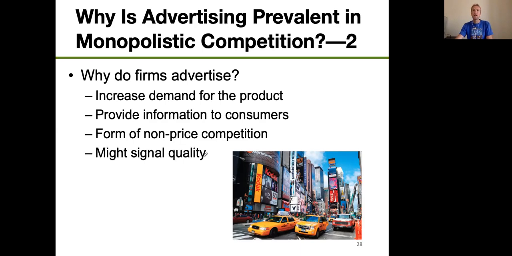Another reason that people advertise is it might signal quality. If I am producing a legitimate product, I will gain enough profits to go ahead and advertise on television, for example, because we all know that that's pretty expensive, okay? And so you might have noticed that every year, talking about Super Bowl commercials, they always end up saying, hey, a 30-second spot, that's a name for a commercial, costs $3 million this year in the Super Bowl.